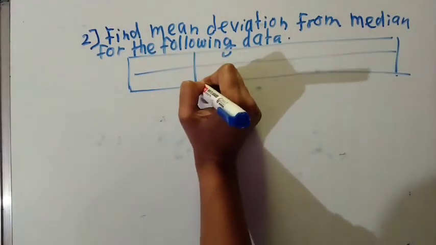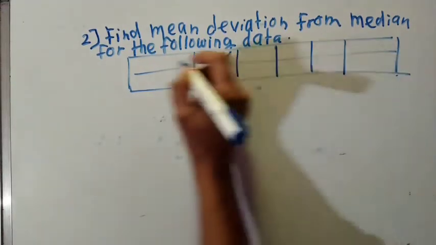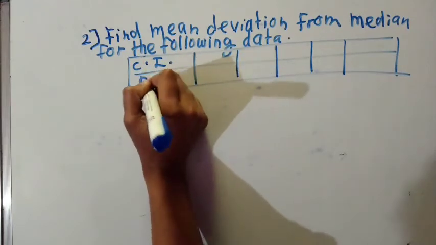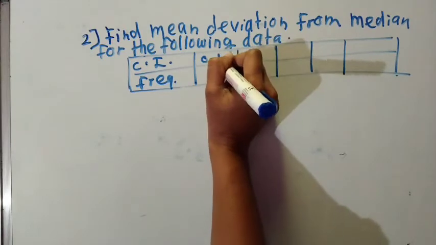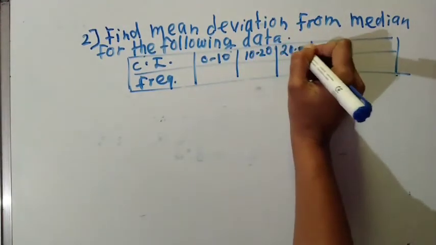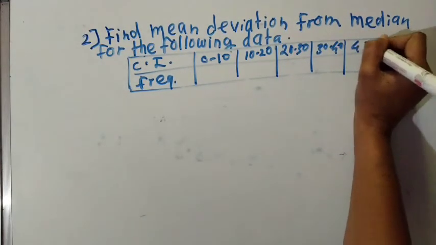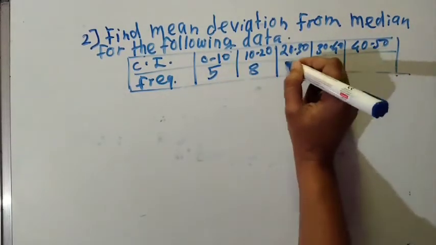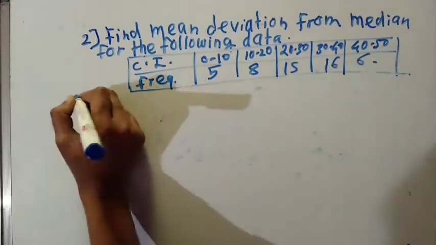This is class interval. Then this is frequency. Class intervals are 0 to 10, 10 to 20, 20 to 30, 30 to 40, 40 to 50, and frequency is 5, 8, 15, 16 and 6.